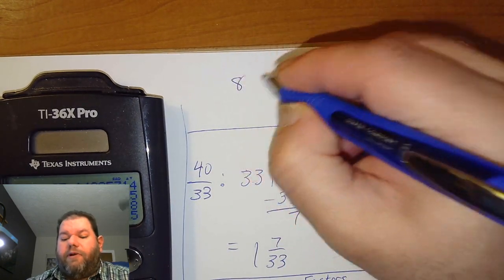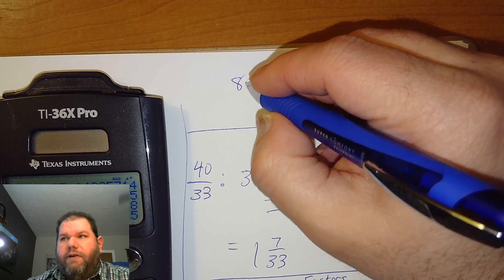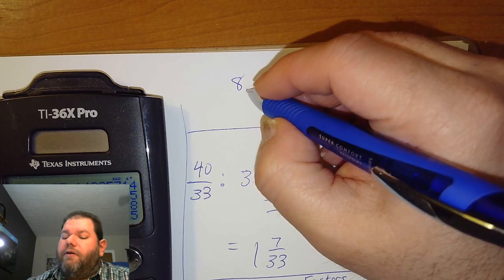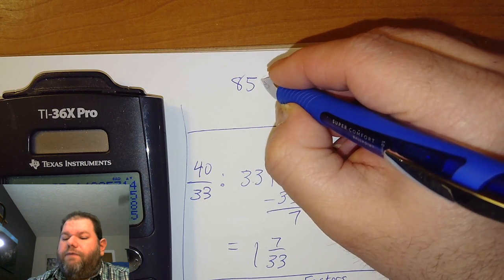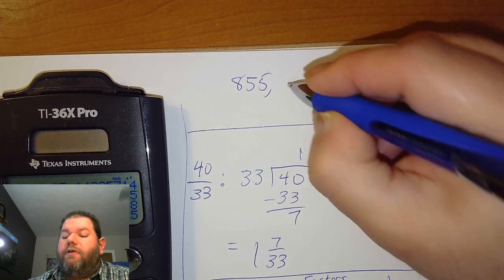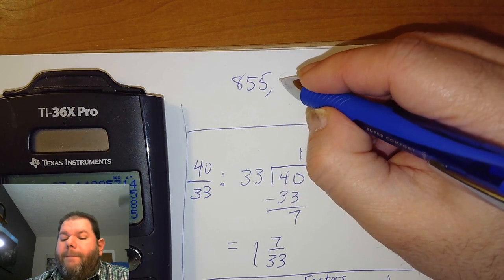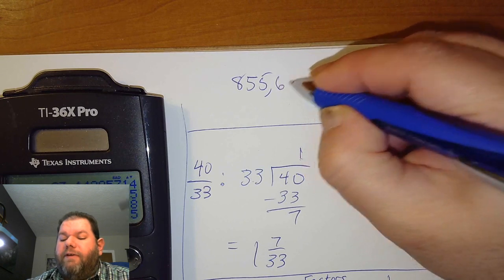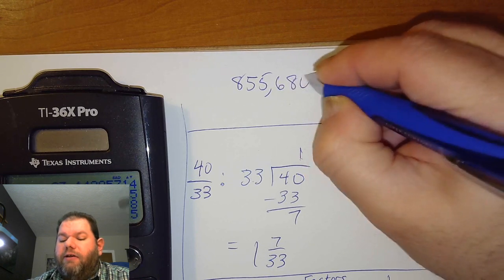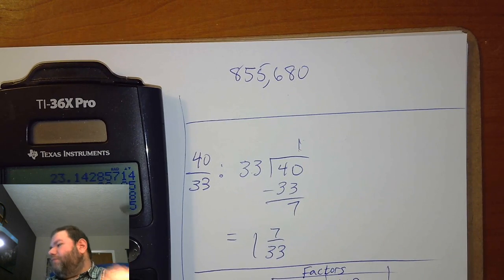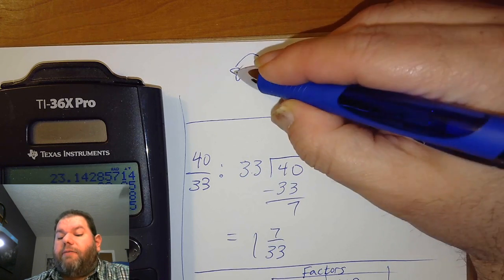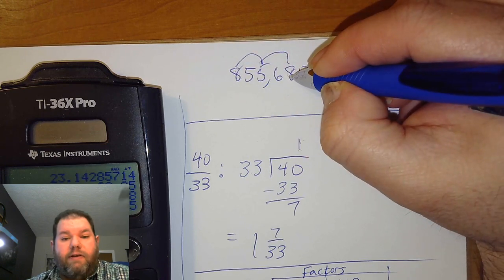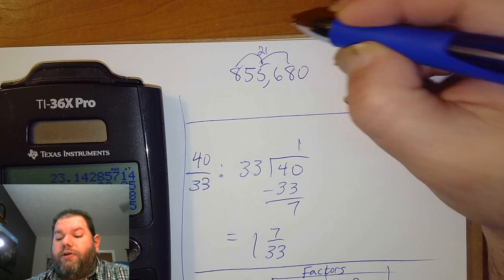So if we had the number 800 and 55,680, if we add every other digit here, 8 plus 5 plus 8, that equals 21.